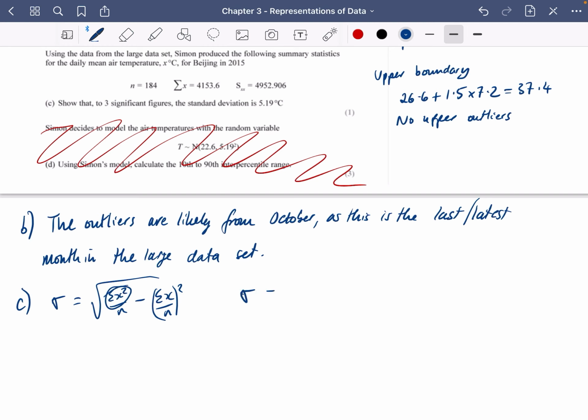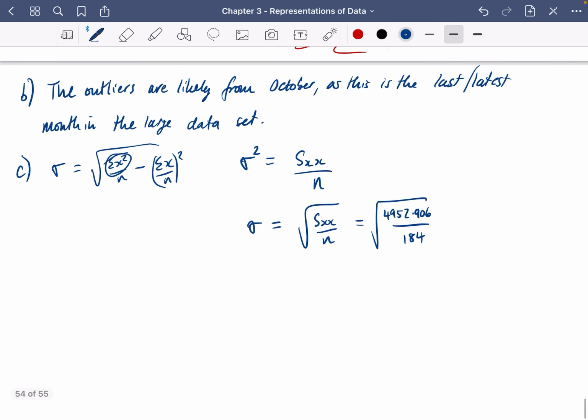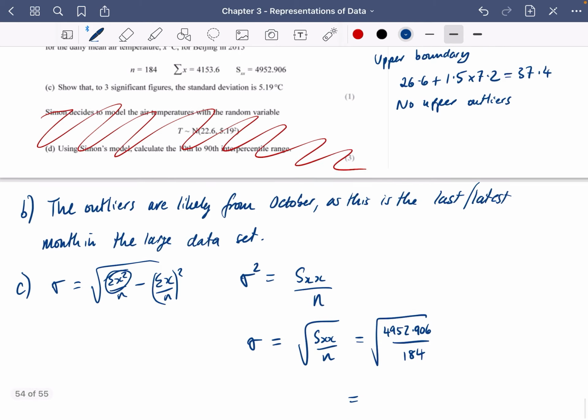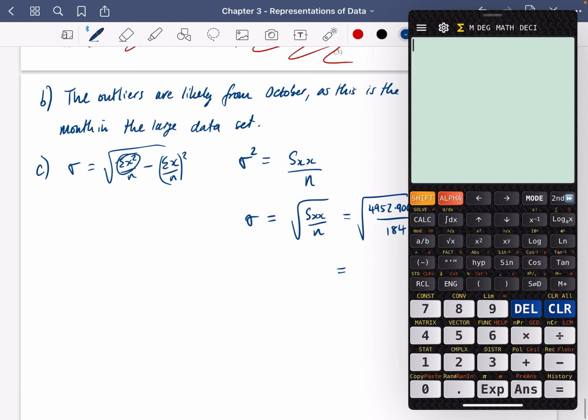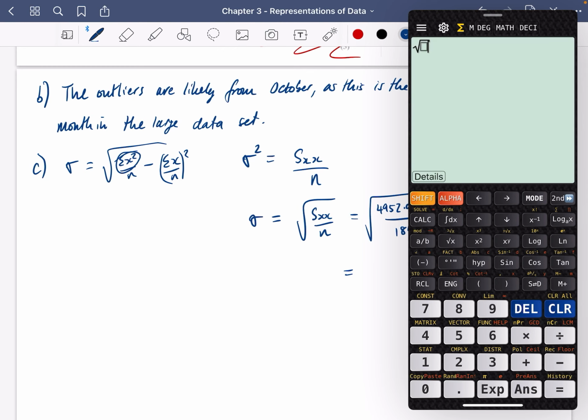So I'm hoping that you remember there was this alternative one, that the variance was this summary statistic SXX divided by n. So if we want to find out the standard deviation, we will do the square root of SXX divided by n. So that's going to be the square root of 4952.906 divided by 184. So let's hope that we get the 5.19 that they've said.